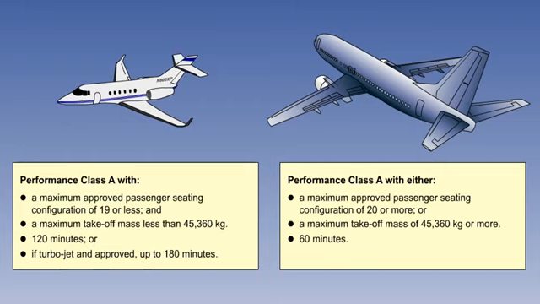For smaller airliners, the time doubles to 120 minutes. Or, for smaller turbojet airliners, if approved by the authority, it may triple, that is, up to 180 minutes. This information, including the one-engine-inoperative cruise speed, must, of course, be included in the Ops Manual.